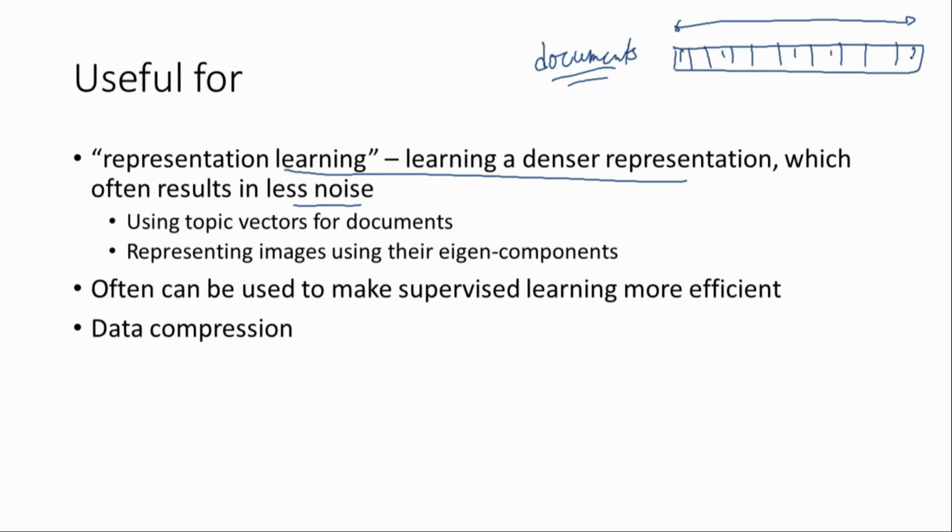And doing anything with sparse vectors brings in a lot of noise, because even if you're comparing two sparse vectors, the results are pretty noisy. I'm talking in a very hand-wavy sense.